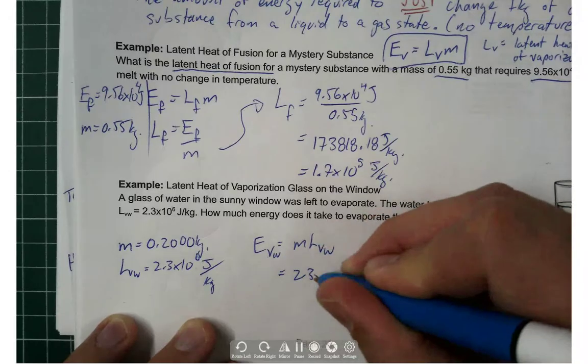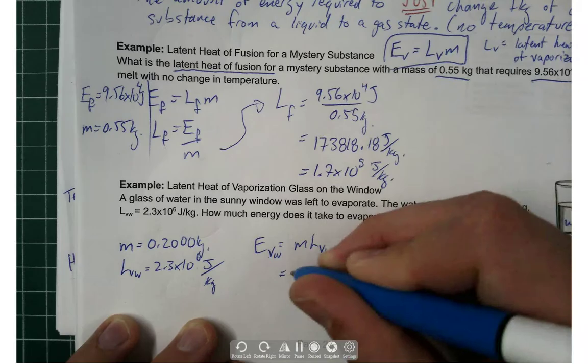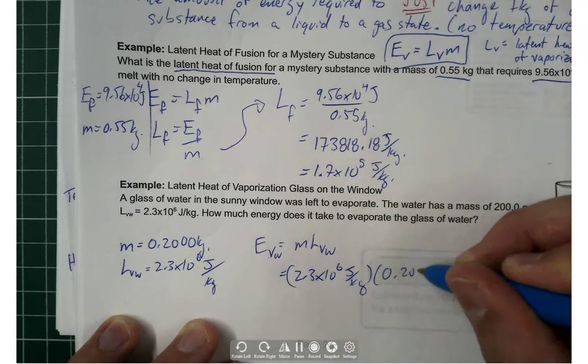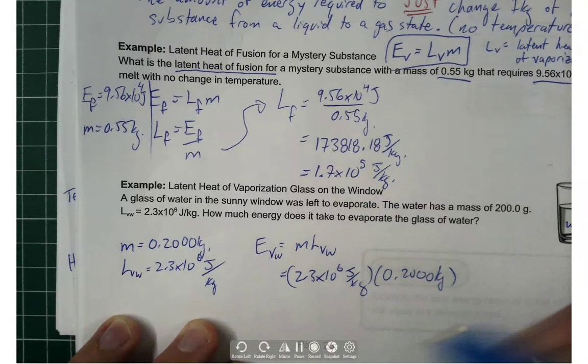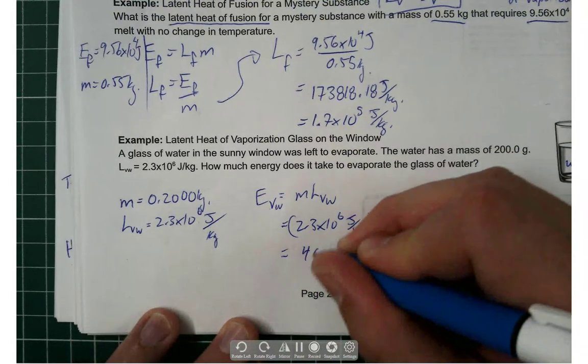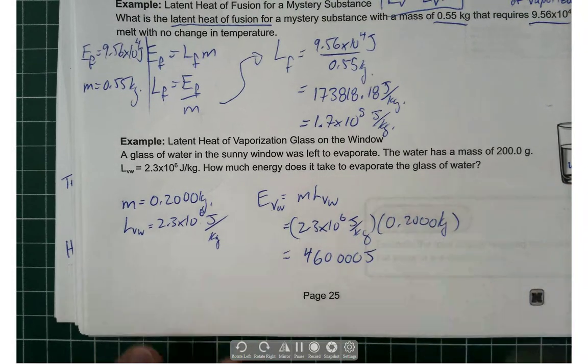I'll correct myself and put the LV first when I sub it in: 2.3 times 10 to the power of 6 joules per kilogram times the mass, 0.2000 kilograms. That's 460,000 joules.